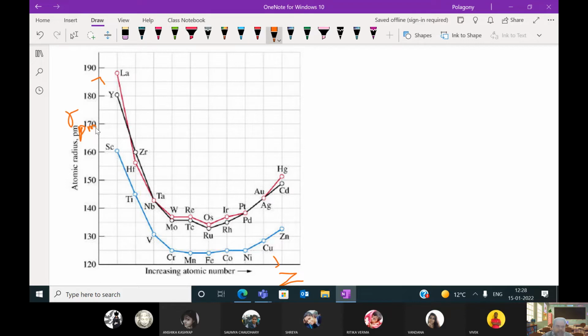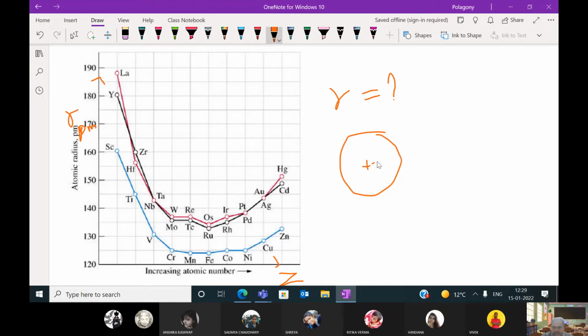Now can anybody define what is meant by atomic radius? It is the distance from the center of the nucleus to the outer orbital. So the atomic radius of an atom is the distance between the center of the nucleus and the outermost electronic cloud.